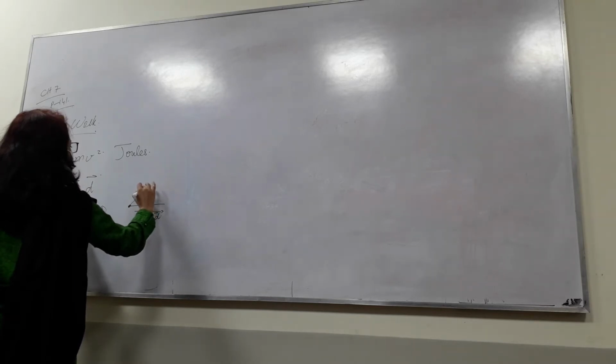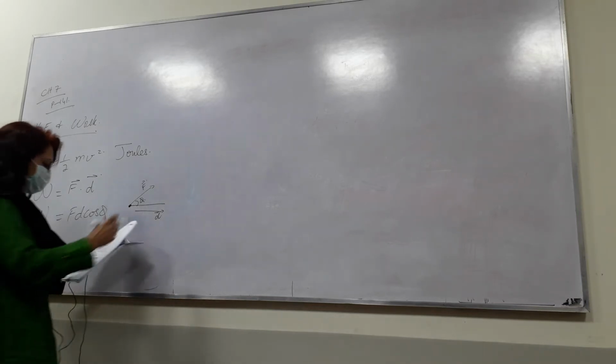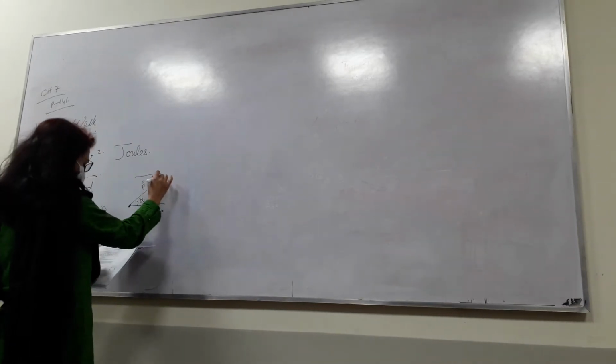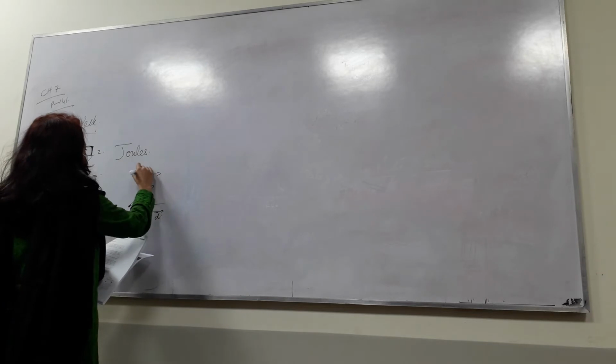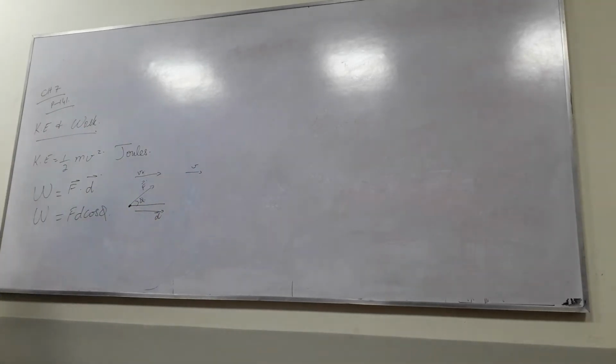So it always depends upon your diagram. You can use theta, you can use phi, you can use whatever. According to this figure, the force is being applied at an angle phi, which causes the body to move with a certain velocity, which is V naught initially, and later on it may become V. All of these quantities are vector quantities.